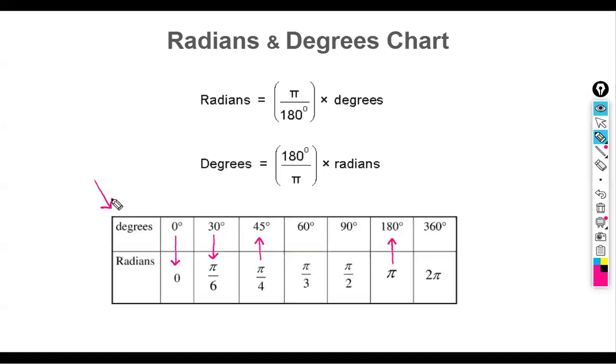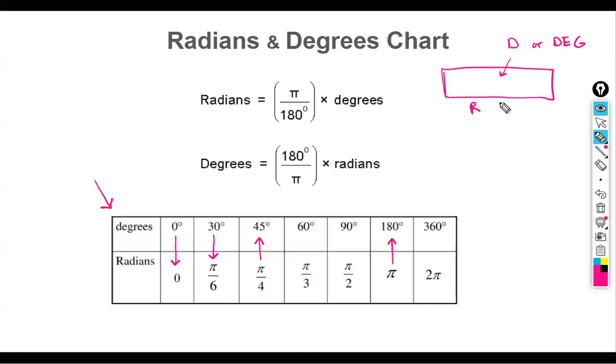Also, I don't want you all to switch your calculators to radians mode. I want you to keep your calculator on regular, boring degrees mode. So make sure at the top of the screen you're seeing the letter D or DEG.